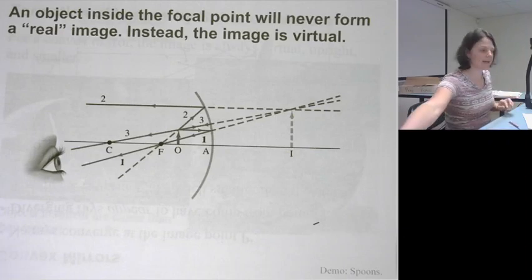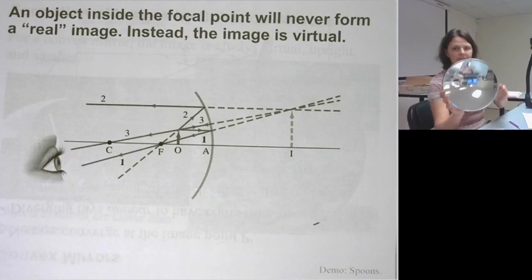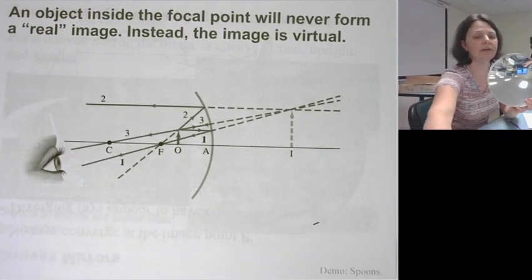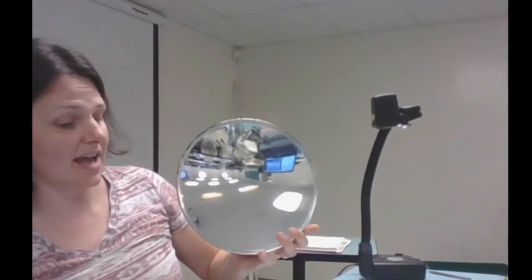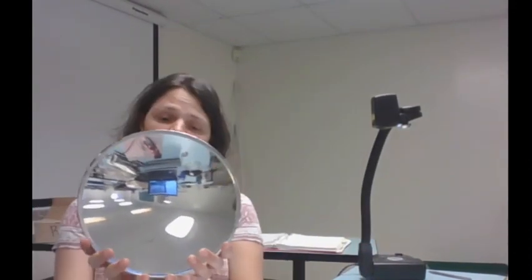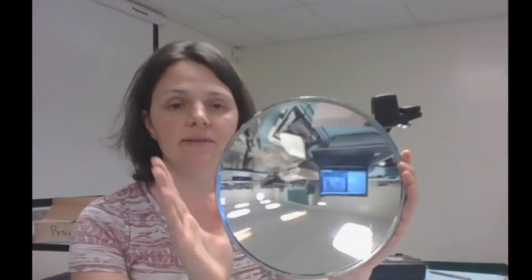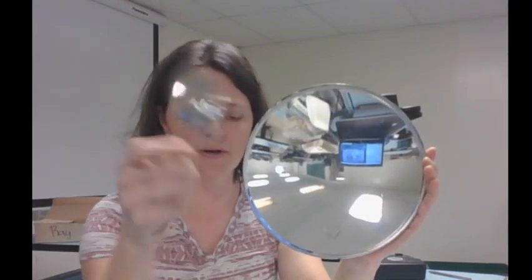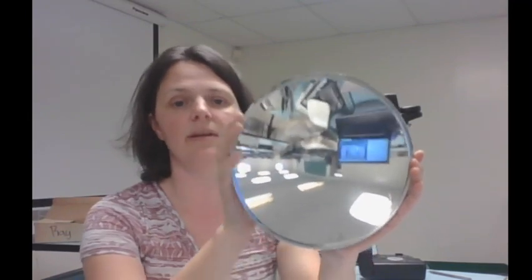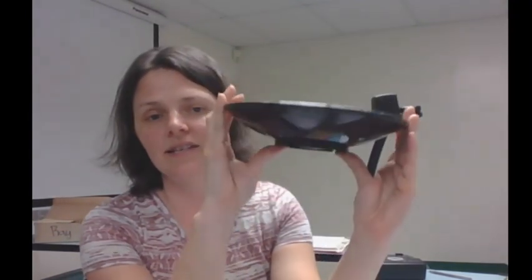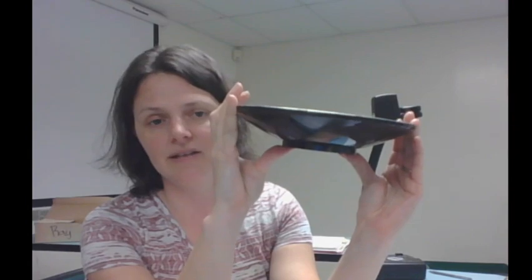And here's my mirror. And this is a great at-home project: get spoons and get used to looking at them, because a spoon is going to give you a lot of intuition about the types of images that are formed by concave mirrors and convex mirrors, because you happen to have both of them on your two sides of your spoon. So this is a concave mirror because it caves in the middle.